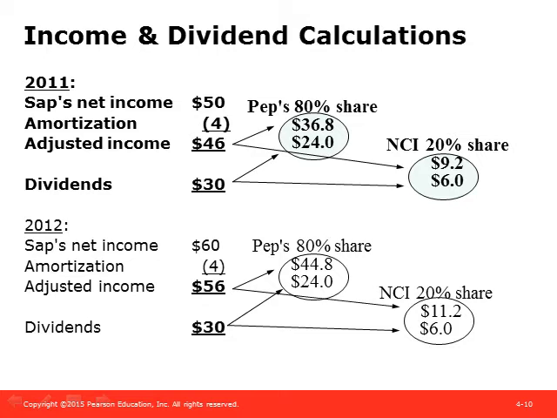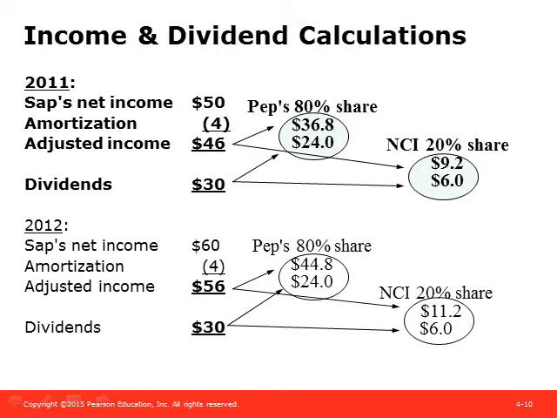All right, and so now that we've calculated what the amortization is, we need to recalculate what the income and dividend calculations yield for consolidation purposes. In 2011, we were told that SAP's net income was $50K. So we reduced that for $4K amortization related to the patents, which gives us an adjusted income of $46K.